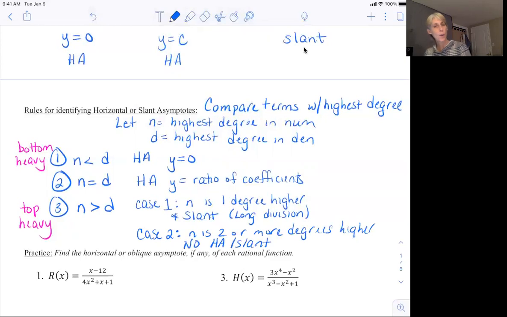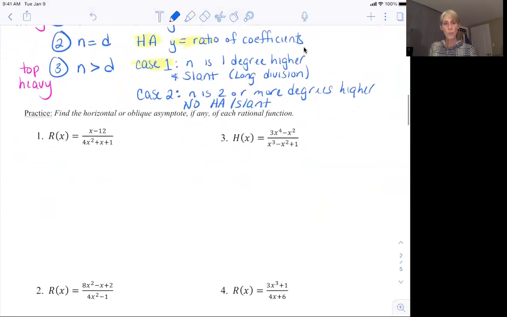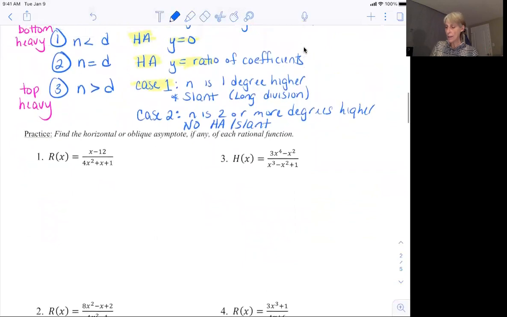And that we're not going to worry about. I'll give you one example just to show you how to identify it, but we're not going to deal with it in this course. So basically in this course, we're dealing with y equals 0, y equals a ratio, and case 1. Okay. So now we're going to look at actual functions with actual, real numbers in them and try to make some sense of this.